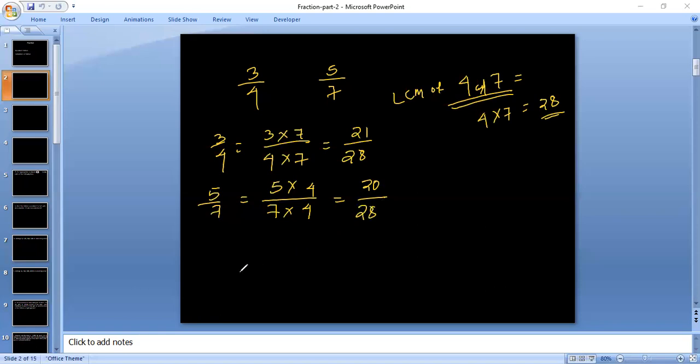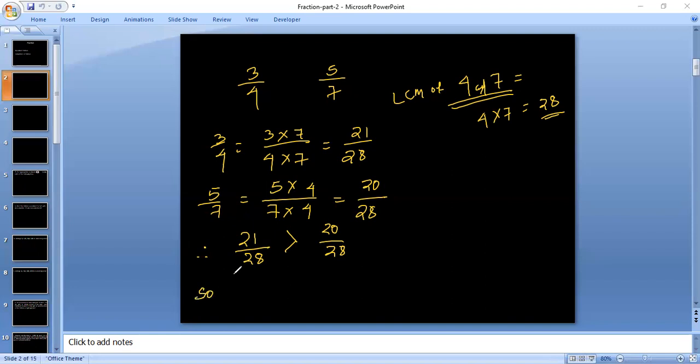Now it is very easy to determine which one is greater, because these two fractions are now like. Hence 21 by 28 is greater than 20 by 28. Yes or no? Because the numerator of this like fraction is greater than the numerator of this. So 21 by 28 will be greater.